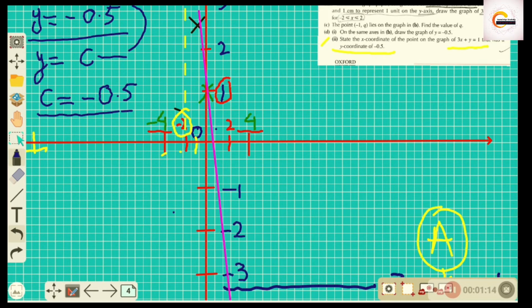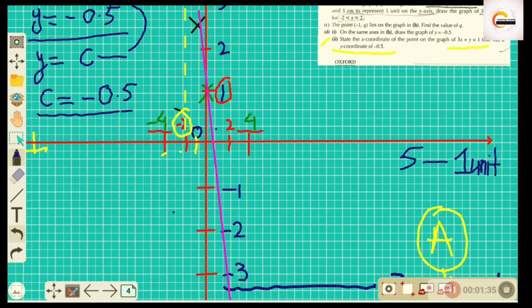Now let's see where this minus 0.5 is on the y-axis. As we have established before, 5 boxes make 1 unit, and 1 unit is equal to 1 centimeter. So where will this minus 0.5 be? It will be halfway to 1 centimeter, somewhere here, 2.5 boxes.